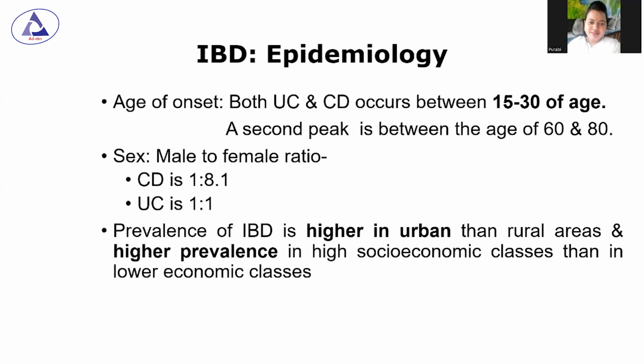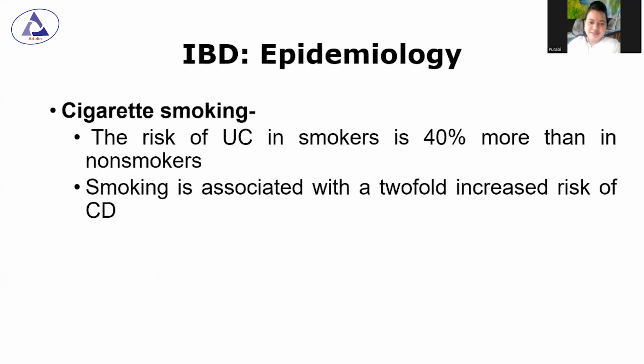Prevalence of inflammatory bowel disease is higher in urban areas and higher in high socioeconomic classes than in lower economic classes. Risk factors: among the risk factors, cigarette smoking is the most important cause. The risk of ulcerative colitis in a smoker is 40% more than in a non-smoker.